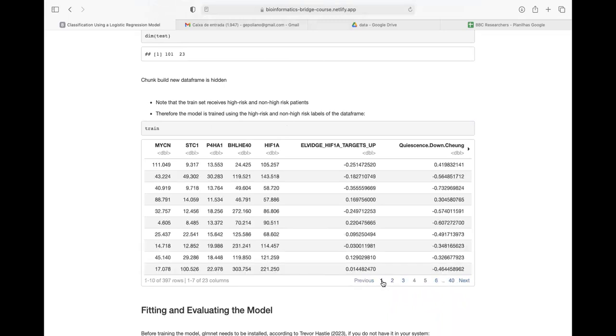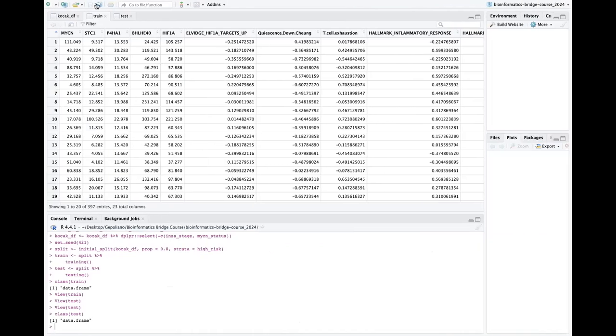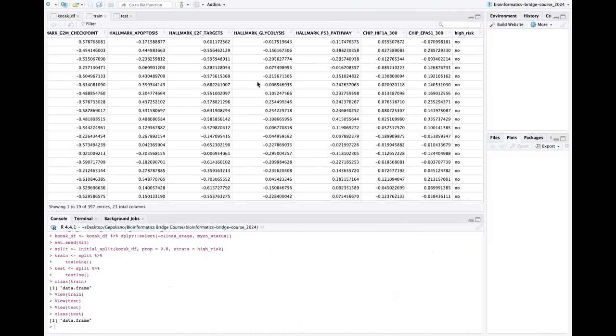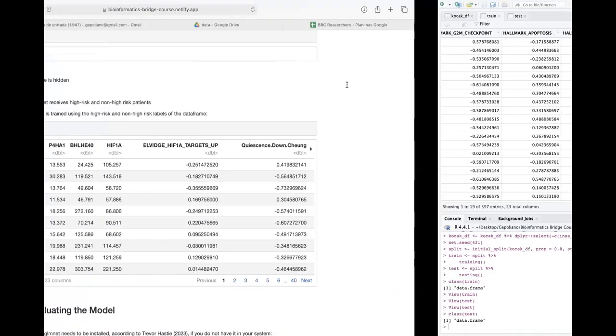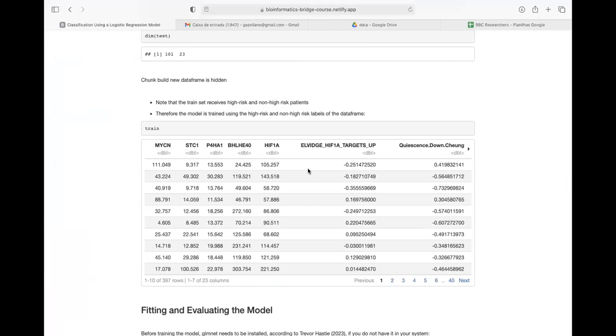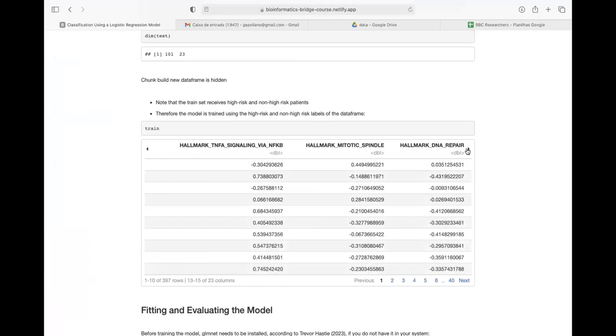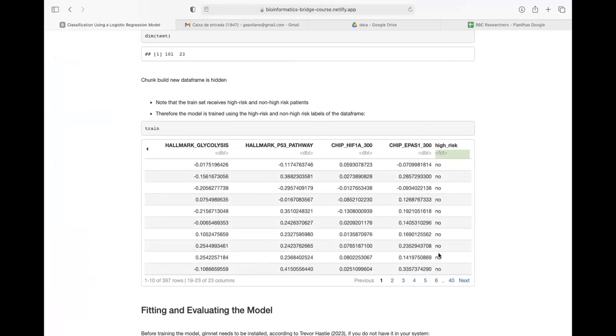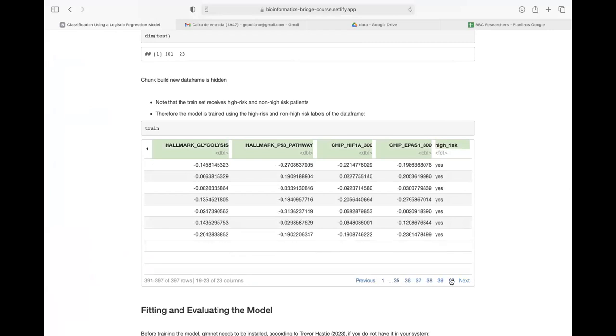I can see it here, but I do not know why I cannot see it here. Or maybe okay, I can see the high risk column here. I only see no's here, but if I click 2, 3, 4, maybe 40.